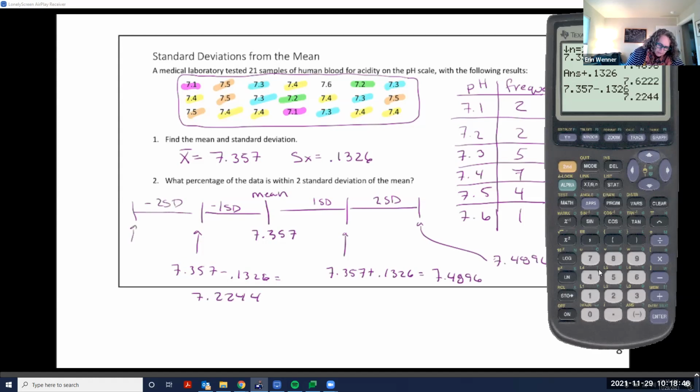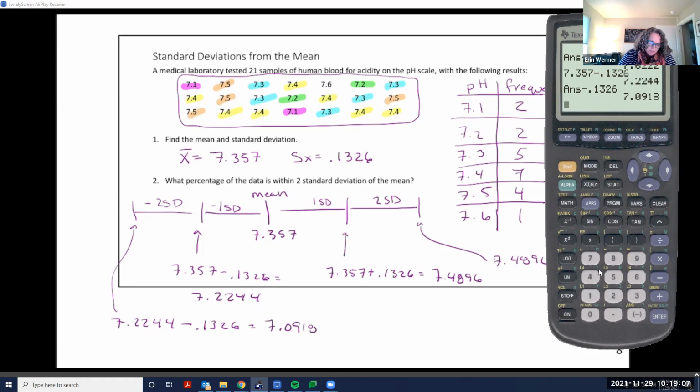Now we're going to take 7.2244 and subtract 0.1326, and we get 7.0918.